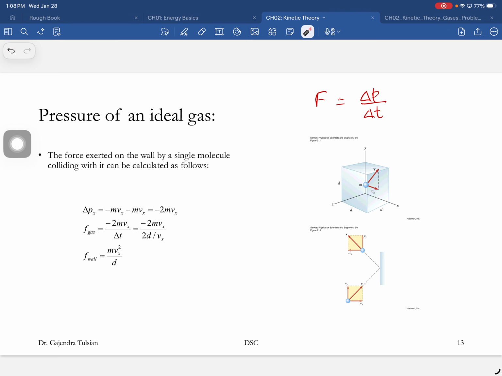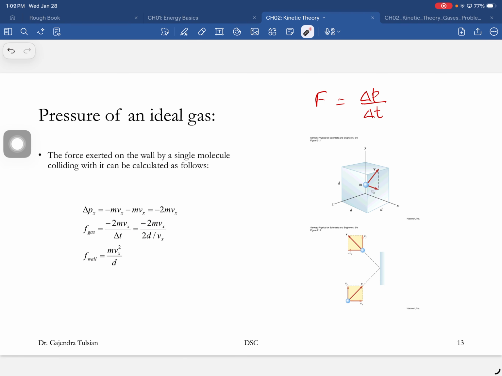If you want to calculate the total force, all you do is add up the force due to all the molecules. If you have N molecules, you add up all the forces. That's the total force on the wall. Now in this room, does the gas molecule prefer any direction? No, it doesn't prefer any direction. It's obviously not going faster in the x, y, or z direction.